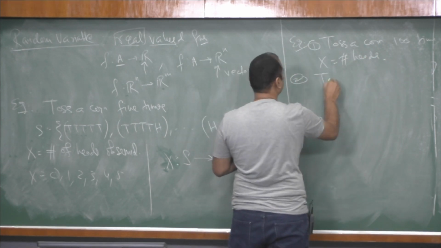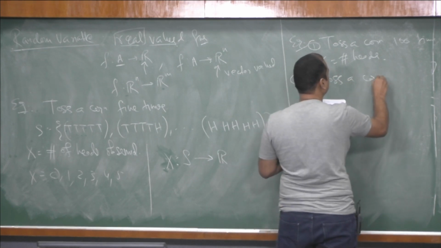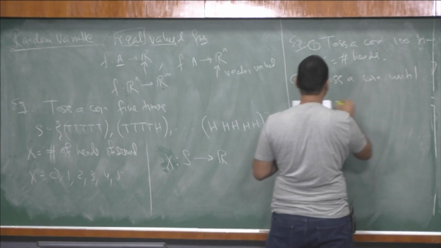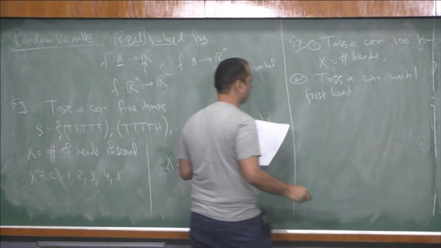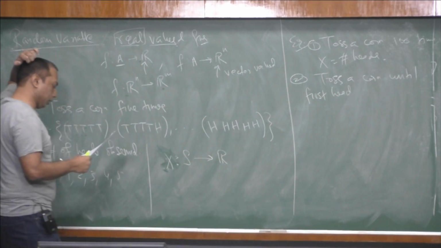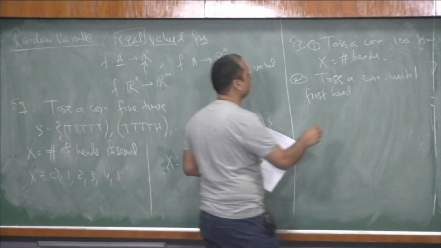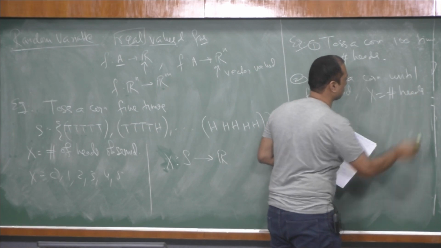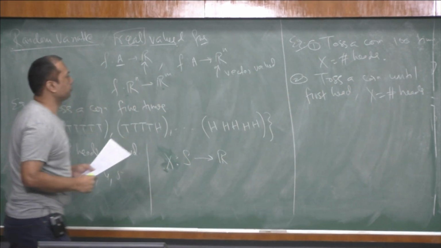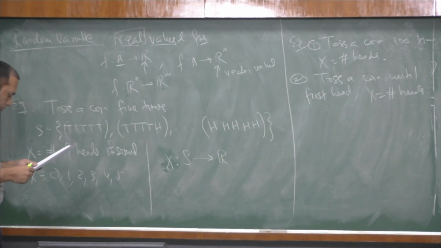Toss a coin until the first head, and here x is the number of heads. These are some of the examples.